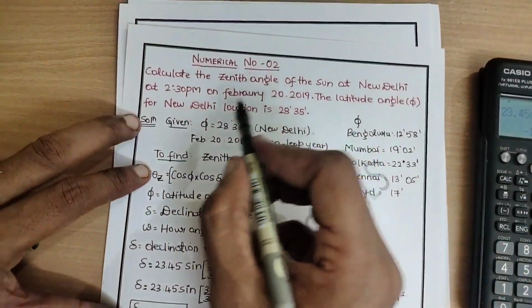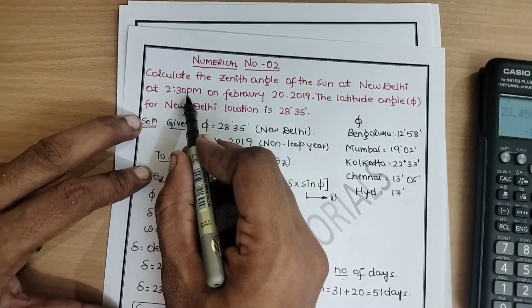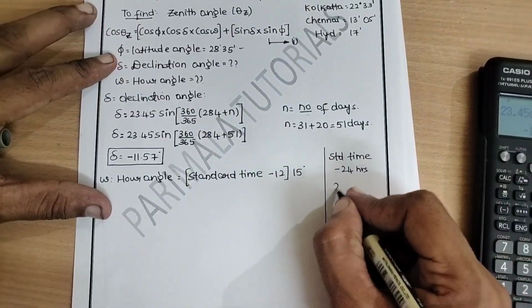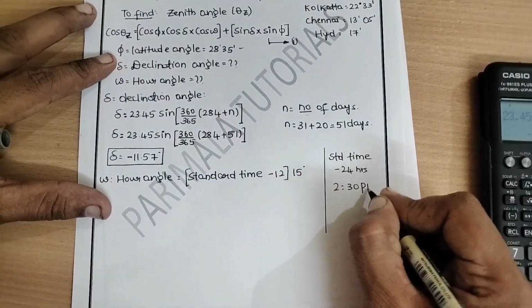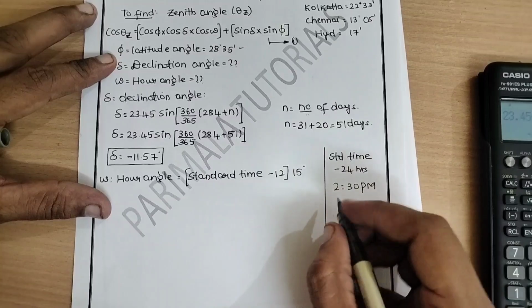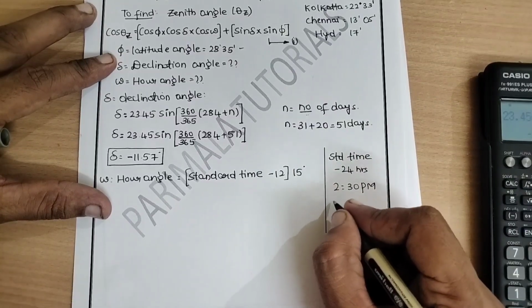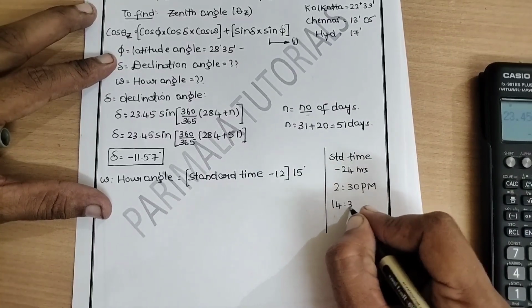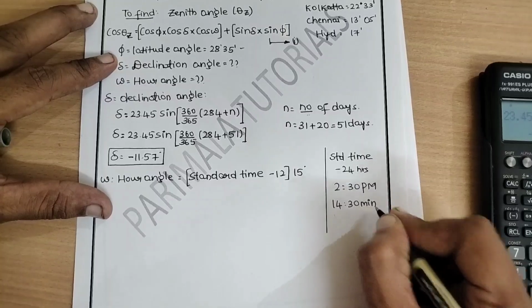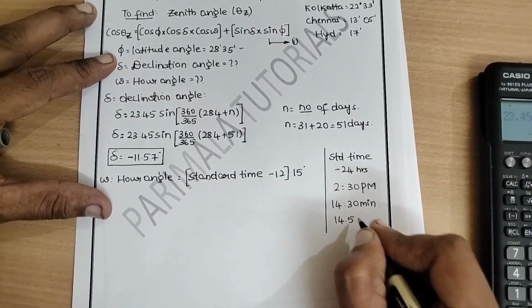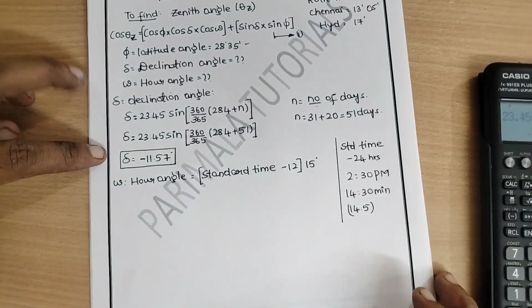The given value is 2:30 p.m. In the 24-hour format, 2:30 p.m. will be 12 plus 2, that is 14 hours 30 minutes. In other words, it is 14.5. Hope it is clear.